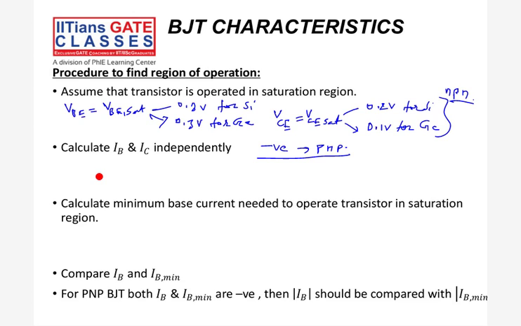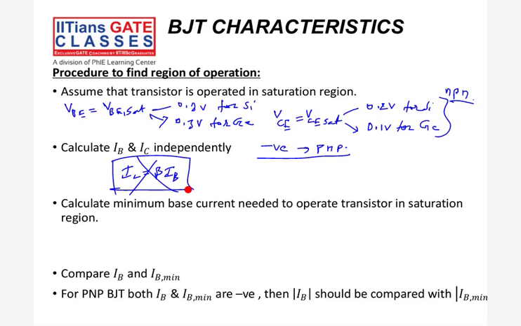We cannot use IC equals beta times IB, because if we did, we could not identify in which mode our transistor is working. So IB we calculate separately and IC we calculate separately.